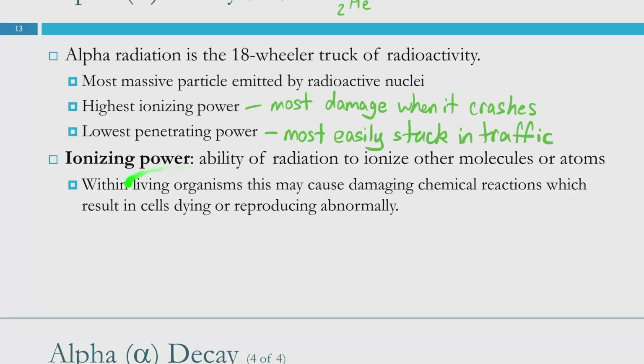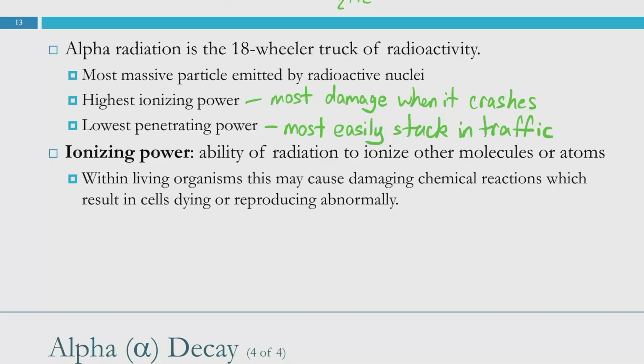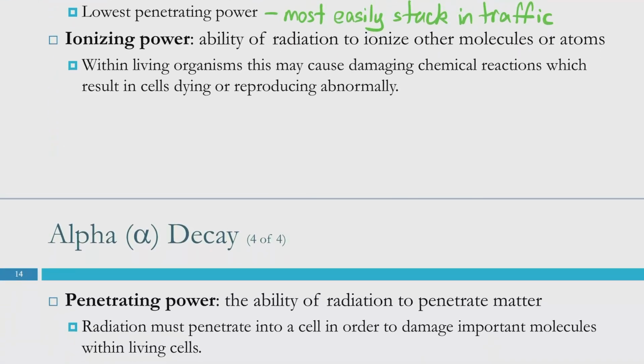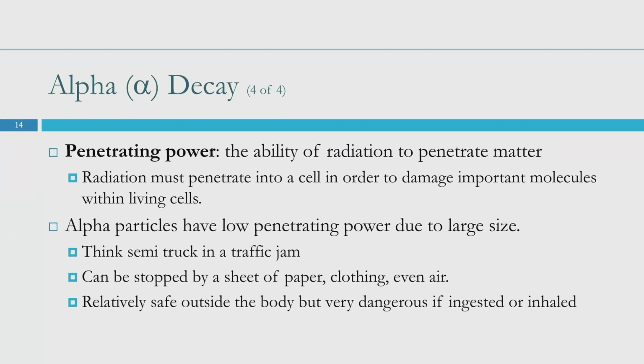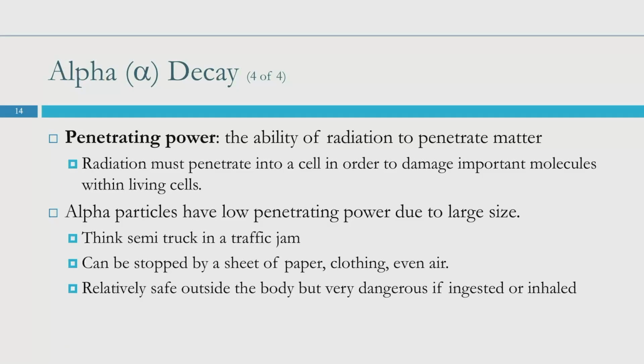In living organisms like us, this can cause damaging chemical reactions like cancer, or it'll just kill cells or disrupt their functions in some other way. The penetrating power is the ability of radiation to penetrate or pierce, infiltrate, burrow into matter. So the further it can get into your cells, your body.